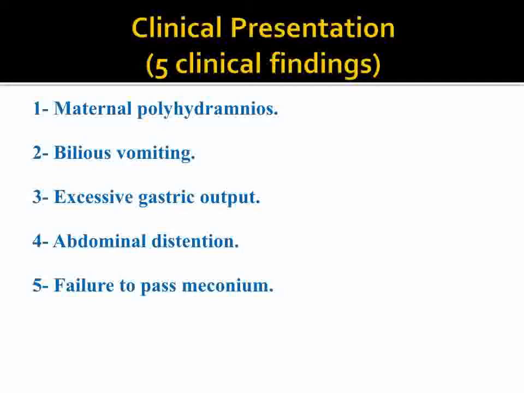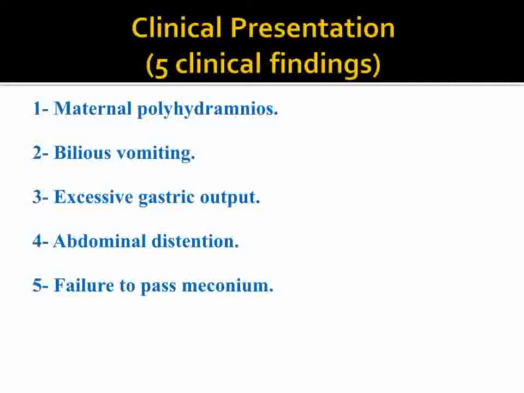So if there is obstruction of the proximal intestine, meaning obstruction at the level of the esophagus, stomach, duodenum, or the proximal jejunum, there will be interruption of the normal cycle of the amniotic fluid. So the chorionic villi will produce amniotic fluid, and this fluid will not take its cycle, so there will be excessive accumulation of the amniotic fluid.